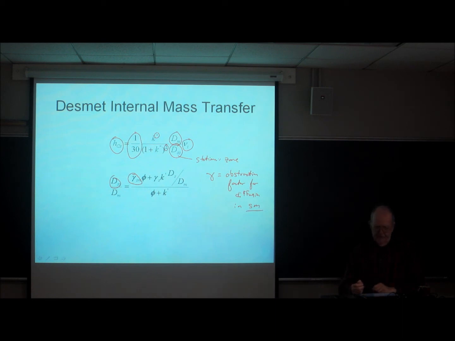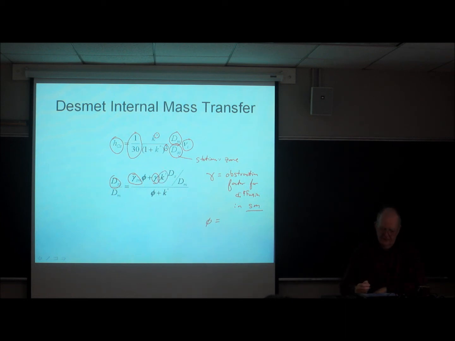SM means stagnated mobile phase. Phi is the fraction of the pores that the analyte molecule can fit in, which means it goes from 0 to 1. If it doesn't fit in any pores, then there's no stagnated mobile phase. Gamma S is the obstruction factor for diffusion on the interior surface of the stationary phase.